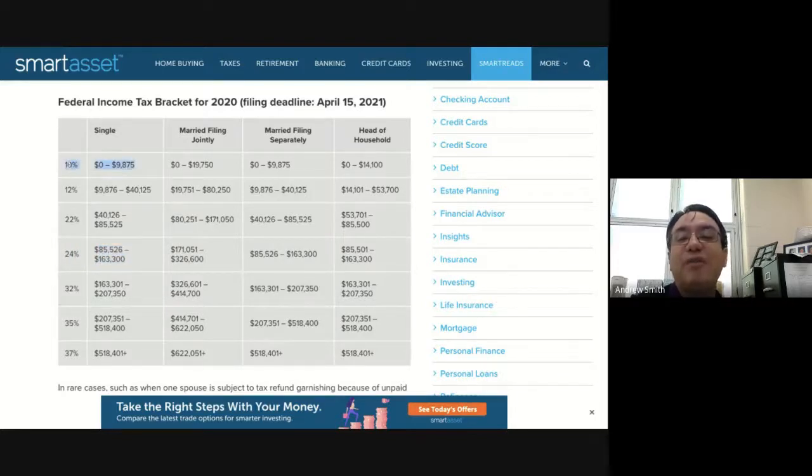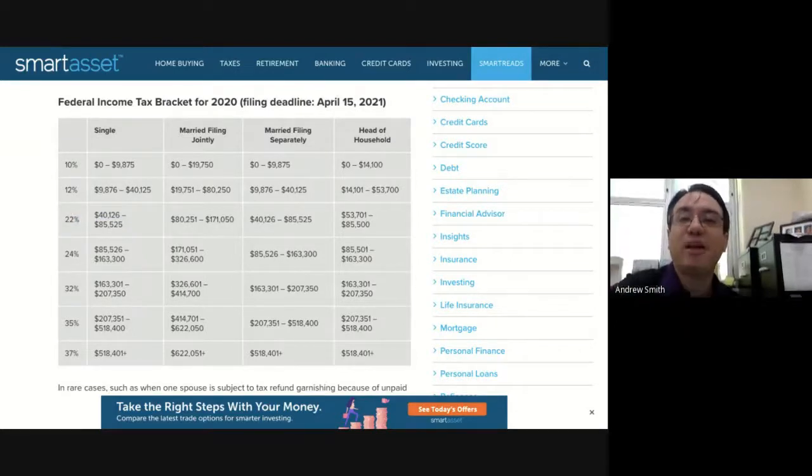Everybody, the first $9,875 of their income is taxed at 10%. For everybody, every dollar between $9,876 and $40,125 is taxed at 12%. Only dollar number $40,126 gets taxed at 22%.